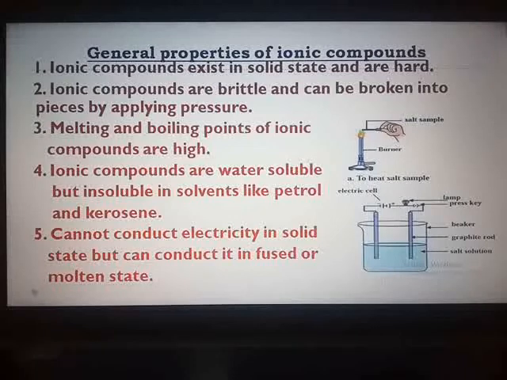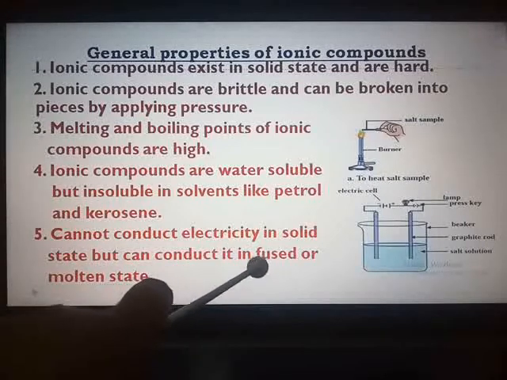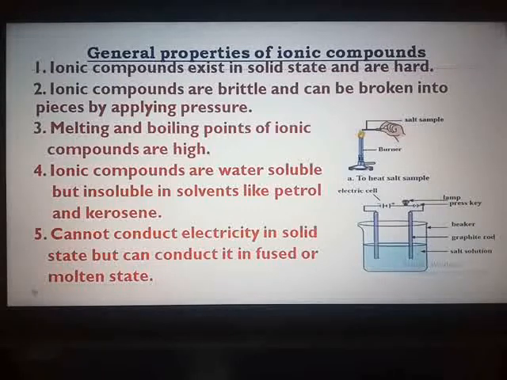But what is the reason that they conduct electricity in the fused or molten state? In this state, the ions become mobile. They start moving. The aqueous solutions of ionic compounds also conduct electricity as they contain dissociated ions. In Acids, Bases and Salts last year, we studied the process of dissociation.